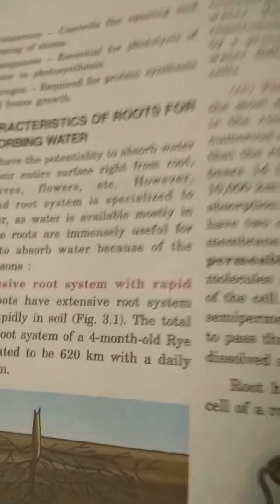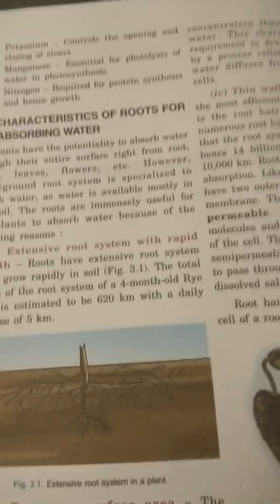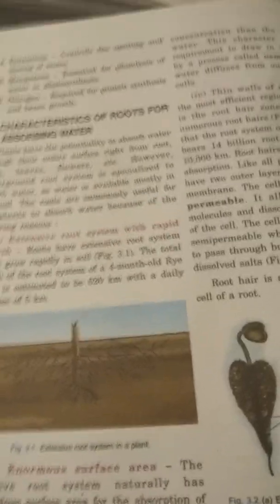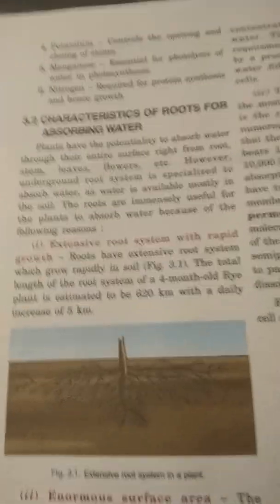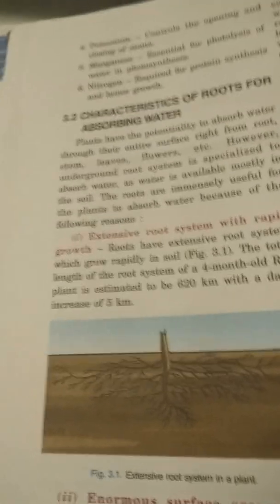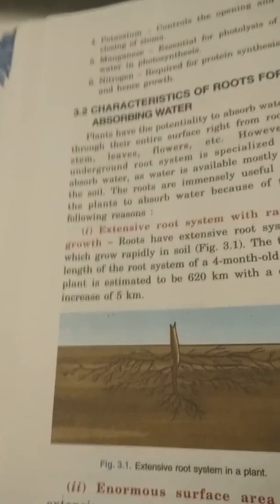Now, characteristics of roots for absorbing water. The ability of roots to draw water from the soil is dependent on three main characteristic features. The roots have a huge surface area which is provided by rootlets and root hairs. The larger the surface area, the more the water absorption.